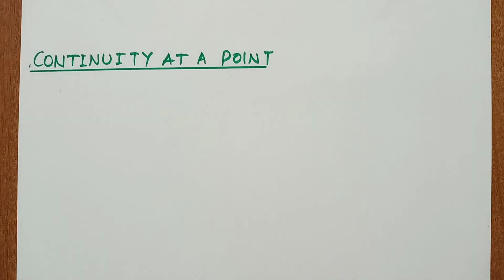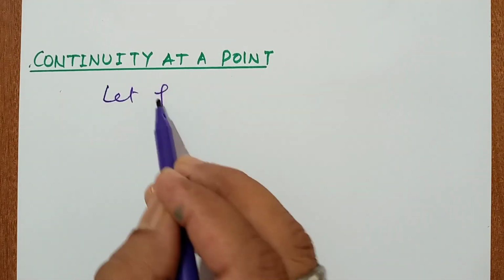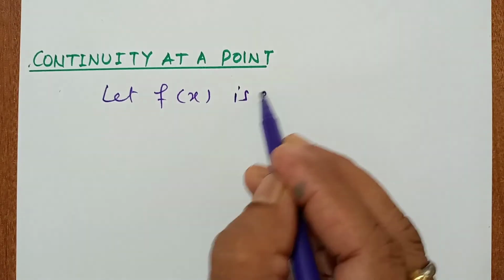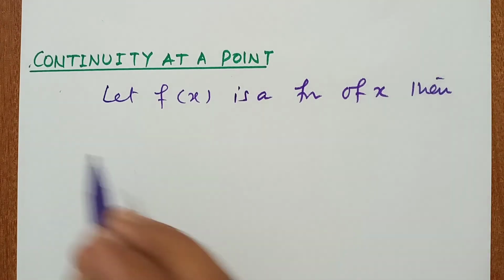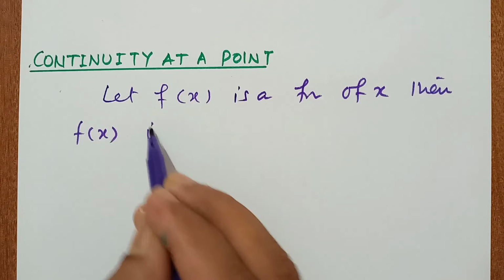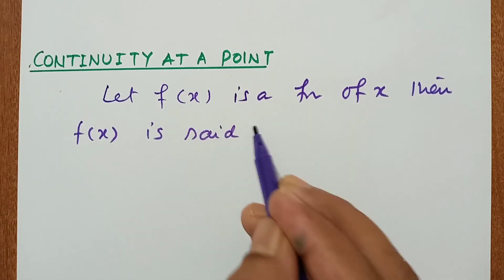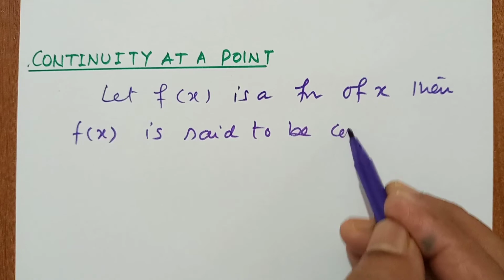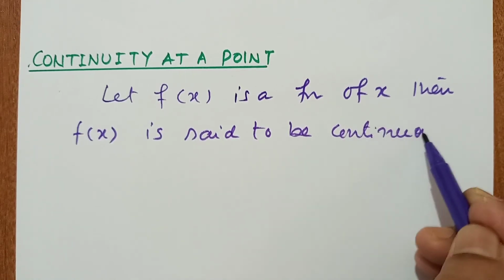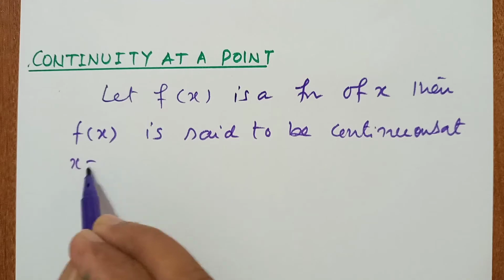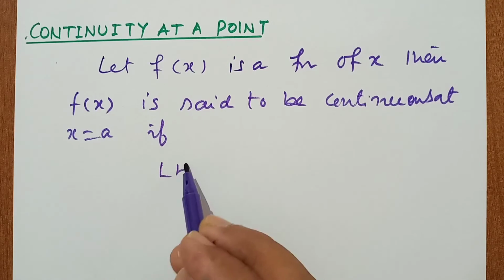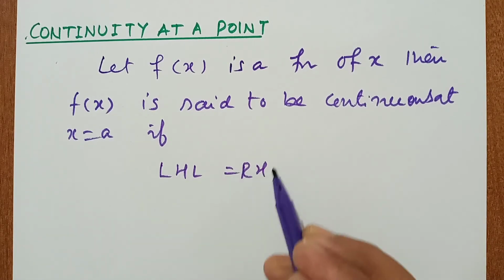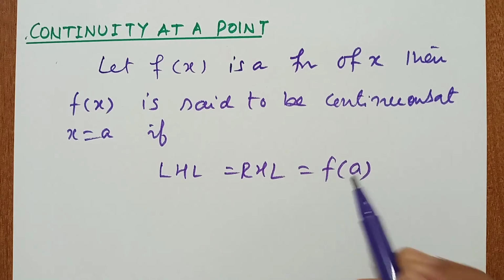Okay, continuity at a point. So what is the definition? Let f(x) be a function of x, then f(x) is said to be continuous at x is equal to a if at x is equal to a, the left hand limit is equal to the right hand limit is equal to the value of the function at x is equal to a.